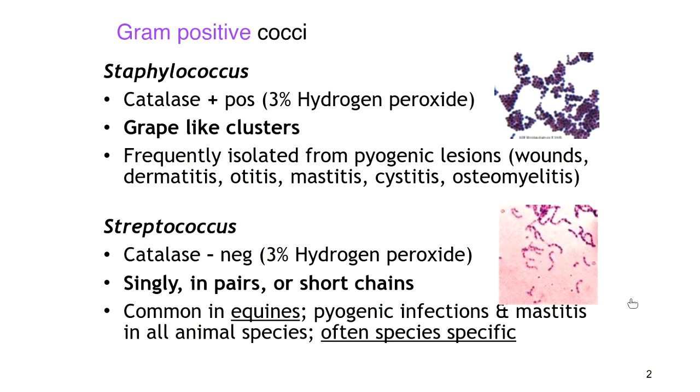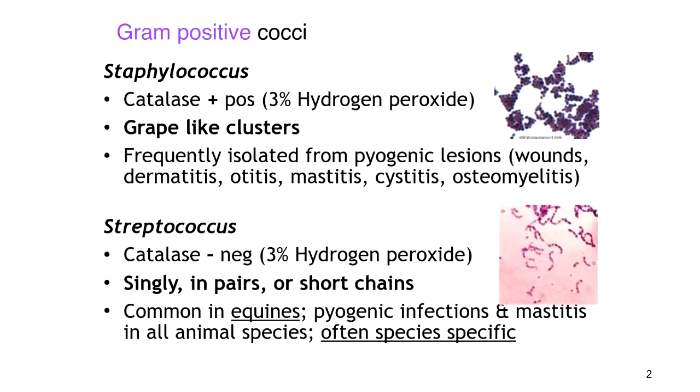These are quite common in equine medicine, again, pyogenic infections and mastitis in all animal species, and Streptococcus tends to be species specific. So it may not cross over from one species to another quite as much as staph would.